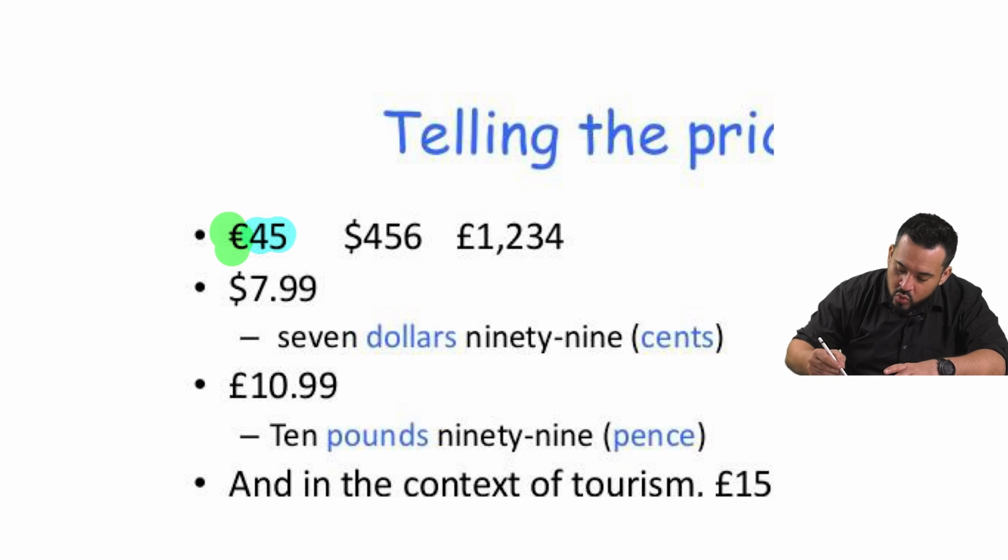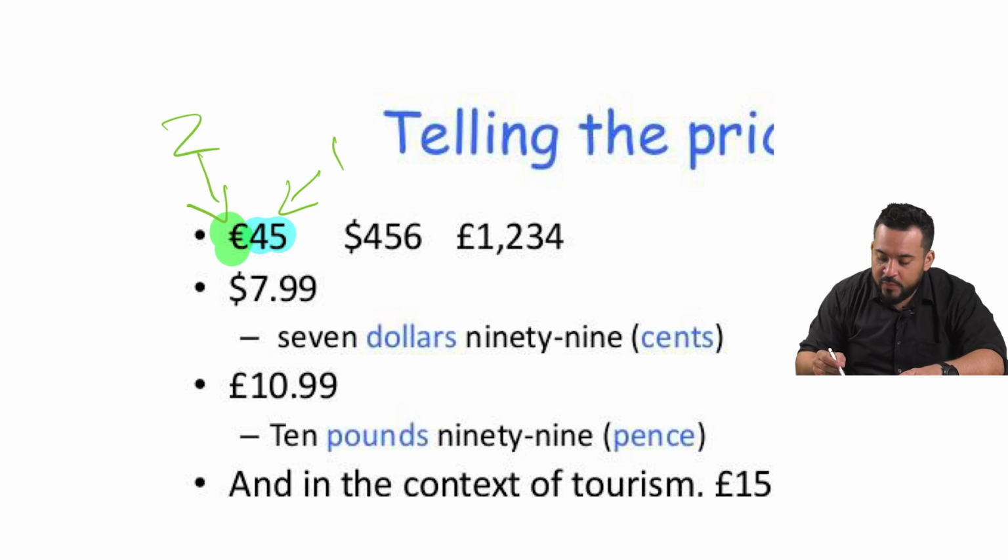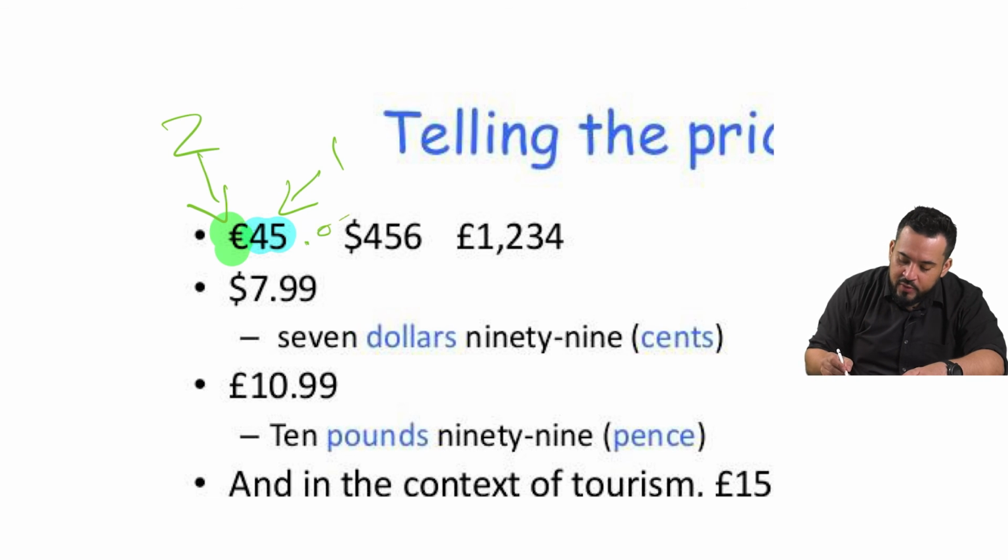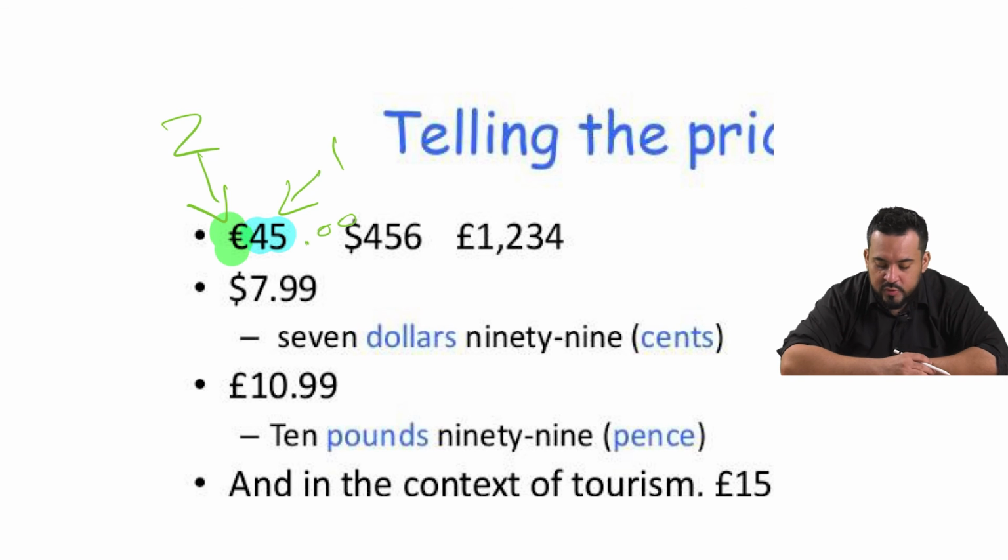The main number, and the currency. Number three, if we have decimals, we say it after the number. So this is 45 euros. $456.